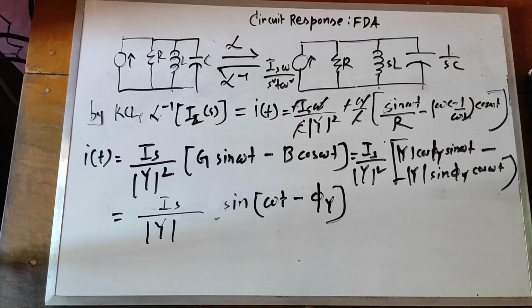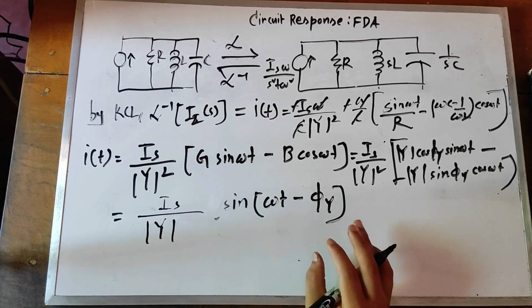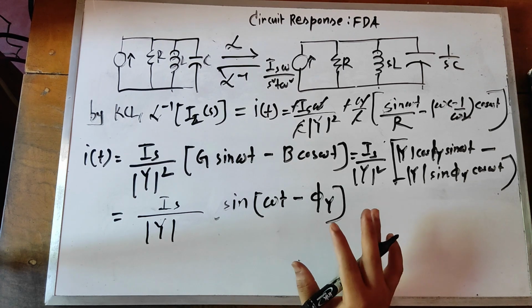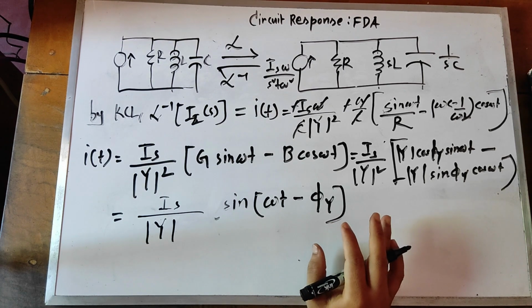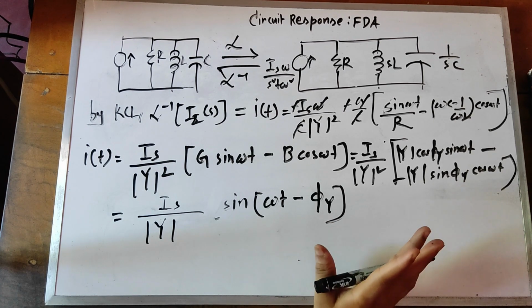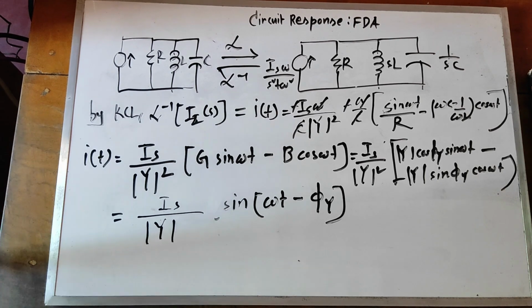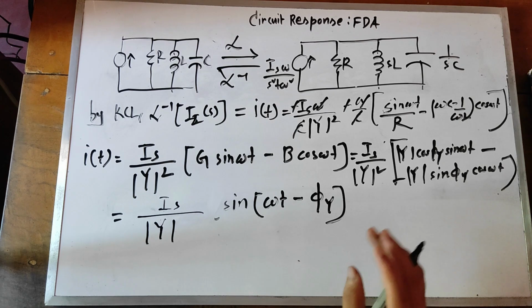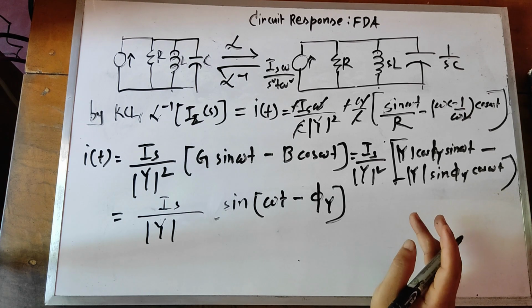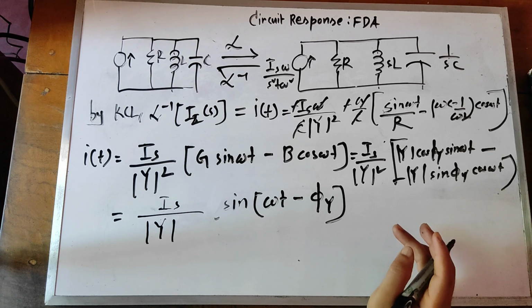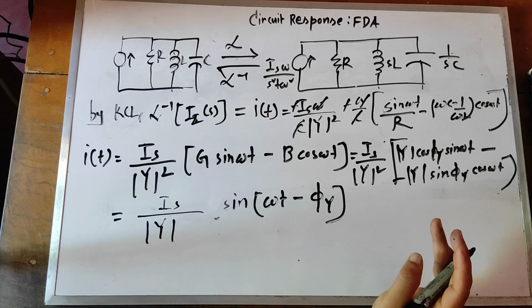So this is the same as the circuit response of the parallel RLC circuit we found, at least I found, in time domain. So there is also the transient part introduced by the input, but I didn't derive that.